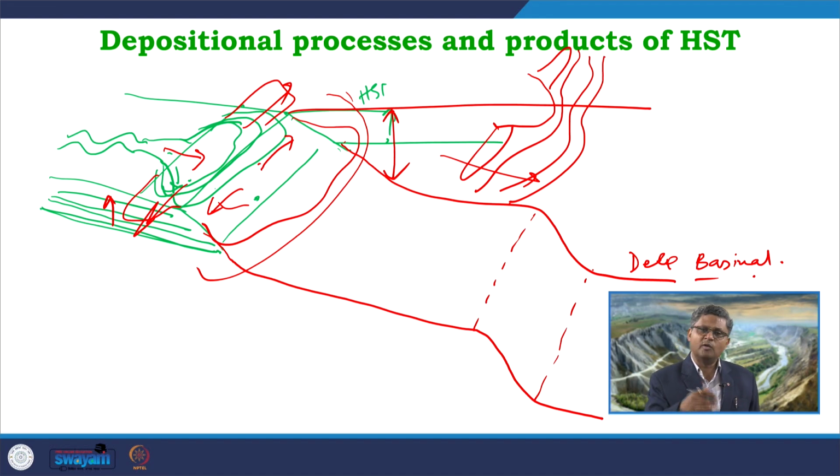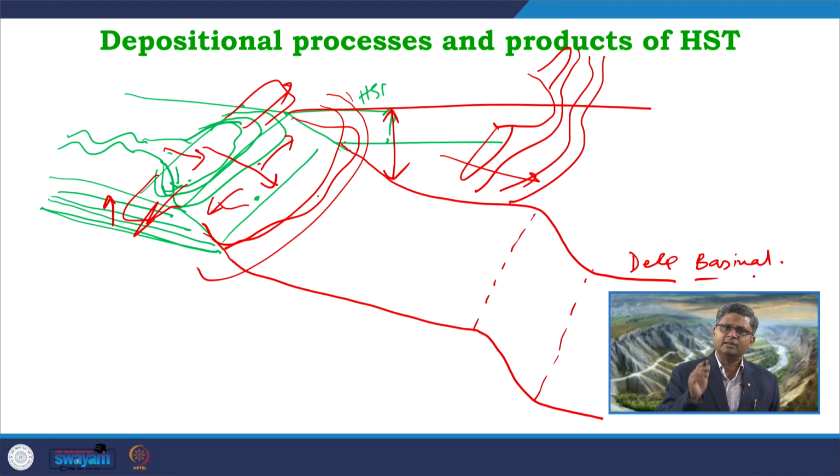So, wave reworking is not going on over here, and the coarser sediments are trapped in this part. The sediments supplied by the river, forming the delta lobe, forming the delta mouth bars, are all trapped in this river mouth area, producing this gradual progression of the delta system, and along with that gradual progression of the strand plains.